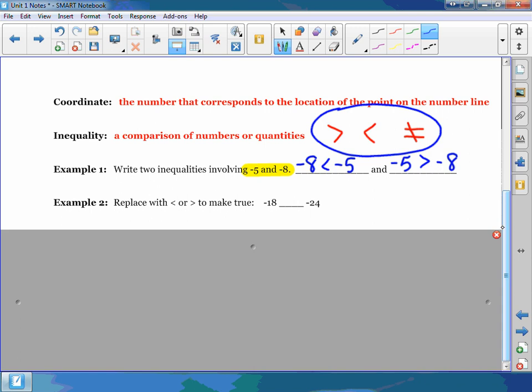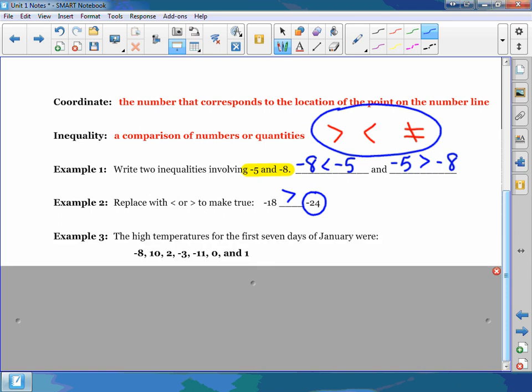In this case, it's -24, which means that number, since it's more to the left, would have a value that is less than the -18. So my inequality statement is going to be -18 is greater than -24. So it can be simply just a comparison based on the physical number line. If you're not sure, put a number line in front of you. Put your dots, markings, and just go from there and make your comparisons.